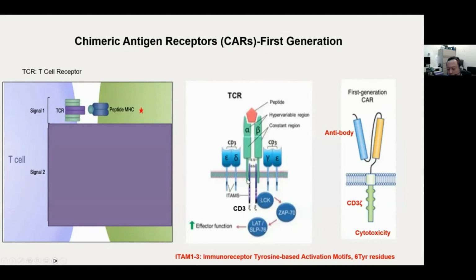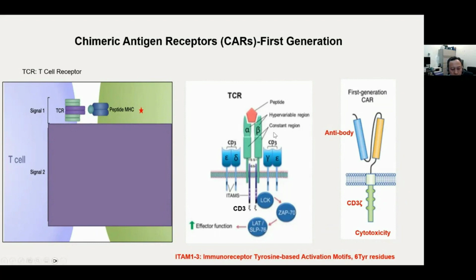Okay, so let's first review how this kind of chimeric T cell receptor has been designed. It's designed especially by mimicking the native T cell receptor, how it works. It needs 2 signals for the native T cell receptor to activate. So first signal, okay, here TCR is the T cell receptor. It first needs to recognize the antigen, presented by the presenting complex.